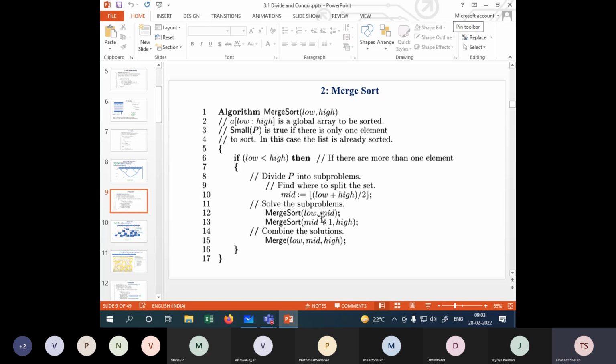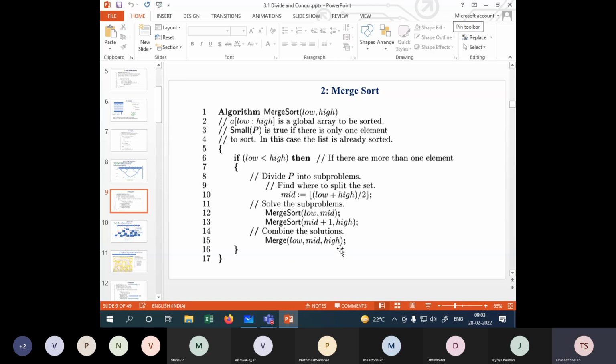So we keep on dividing into small chunks, into small elements. Once this is done, the first merge sort will sort the elements on the left-hand side of the array. If there are 10 elements in the array, the first 5 elements will be sorted. The next merge sort will sort the elements from the mid to the highest element.